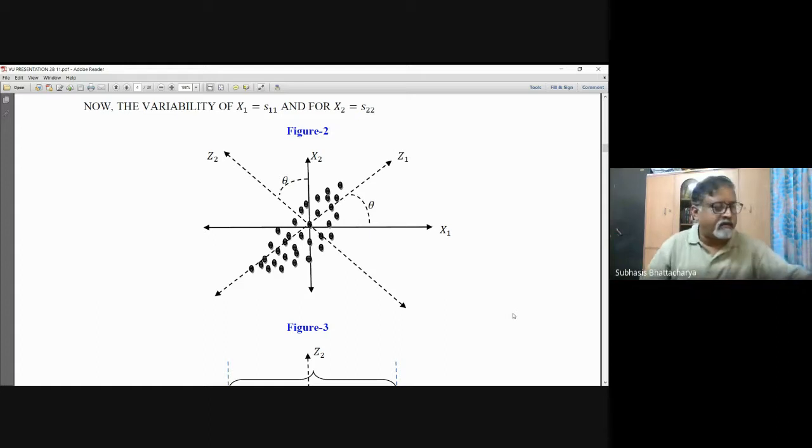I just changed it so that this x1 axis rotated towards this, and if this angle is theta, then automatically this axis also moved by the theta angle, and the new x2 axis is this. This is z1 and z2. Everyone, is it clear?